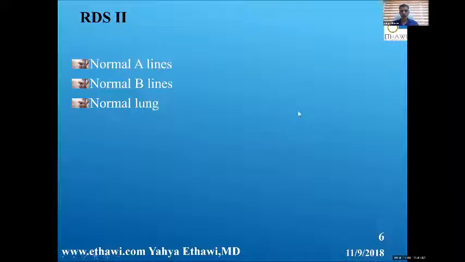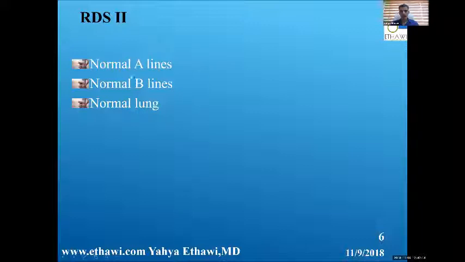And the RDS depends on the level of deficiency of surfactant, a spectrum from mild, maybe normal finding, to the most severe one. So in RDS type 1, there is normal finding.